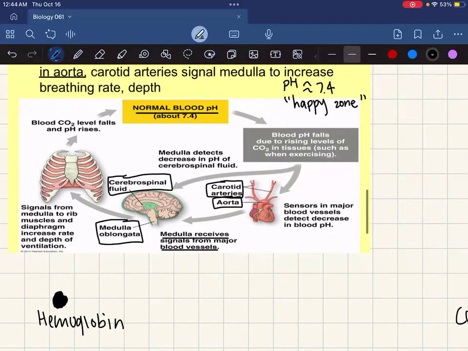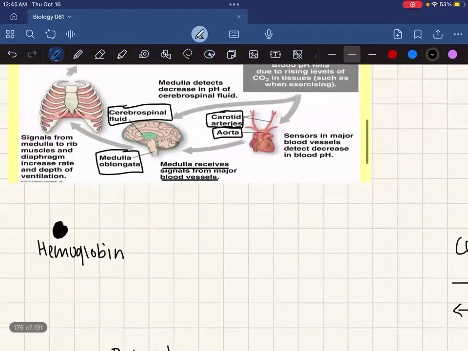So, what is hemoglobin? Hemoglobin is the pigment that causes our blood to have that red color. Iron cofactors are bound to the heme molecule on each subunit.